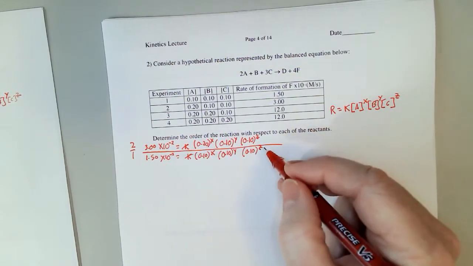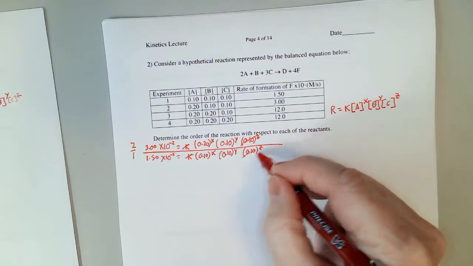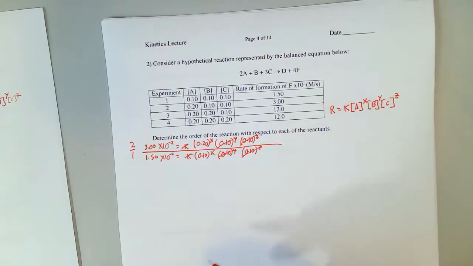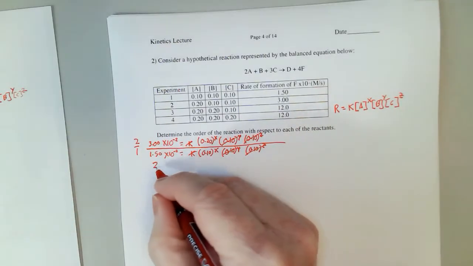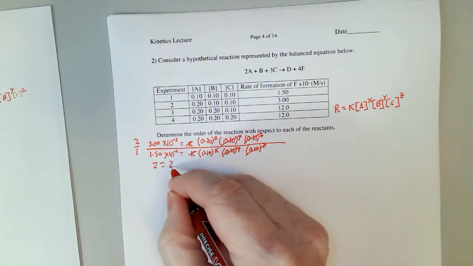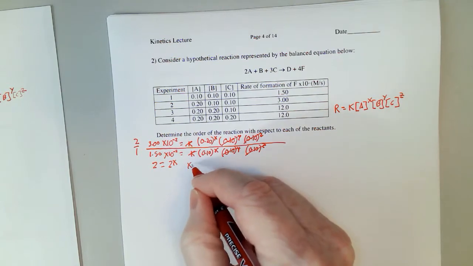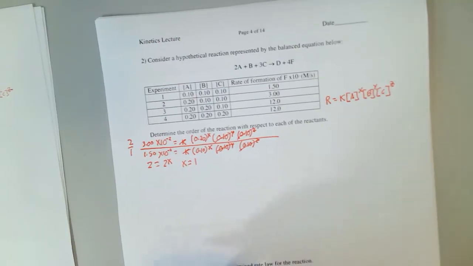The k's cancel, and in fact that term and that term will cancel also. So what I have is 2 equals 2 to the x, or x equals 1.